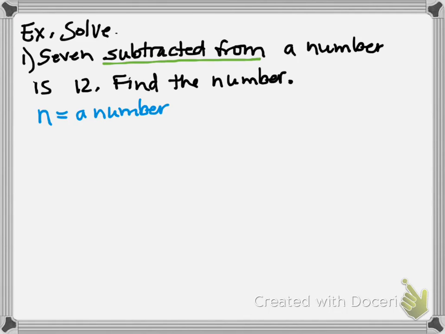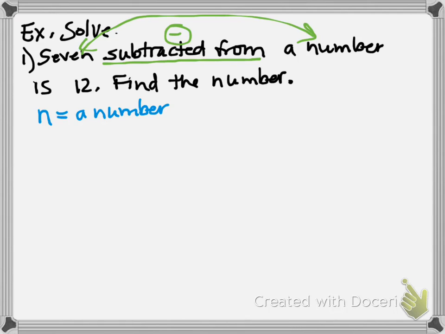Okay, so mathematically, what does it tell you to do? Subtract. Okay. What else does subtracted from tell you to do? If you look back to your list, what do you notice is in front of that phrase, subtracted from? The star. And what does the star tell you? It's a switcher phrase. So I'm not going to write the 7 in front. I'm going to write what represents a number in front.